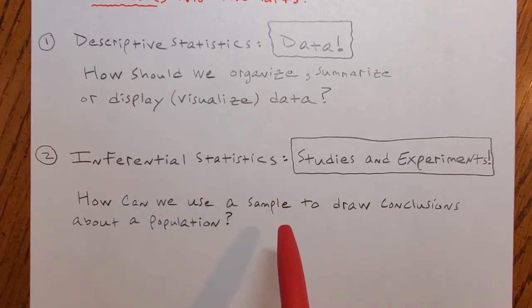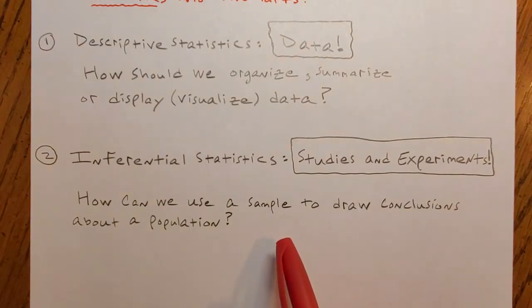We use a sample from either a poll, a survey, or an experiment to draw conclusions about a population. Okay? Does the drug really produce the result that it claims to? I don't know. If we sample 100 people, does that tell you how 10,000 people feel?